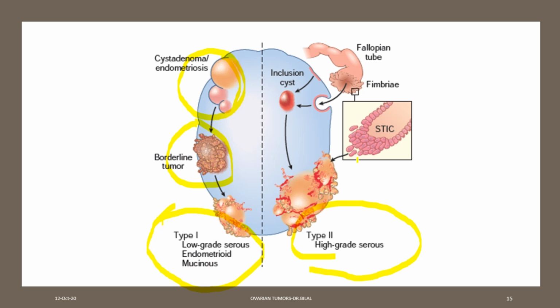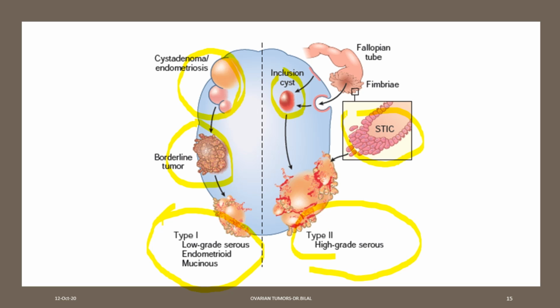Okay, and serous tumors are now considered to be arising from the fallopian tubes, or invagination of the surface epithelium. Some inclusion cyst may form, and then later on, through a series of events, that's a detailed discussion, high grade tumors can arise. And then what is STIC?